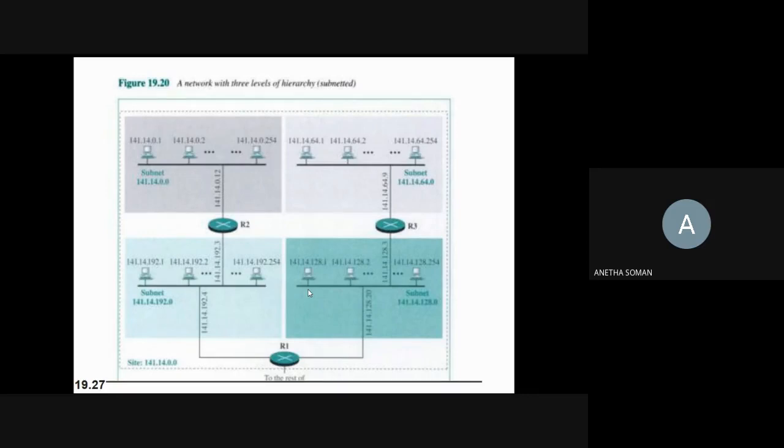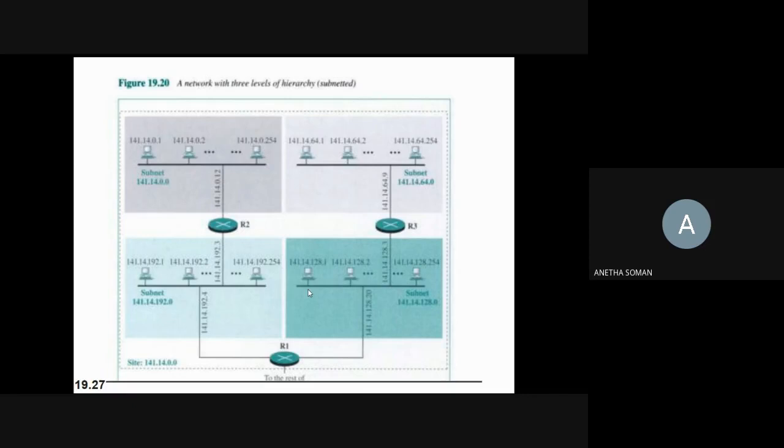The outside world knows only the network address, but inside the organization, each subnetwork is identified by its subnetwork address. That is the concept of subnetting: division of a network into small networks.